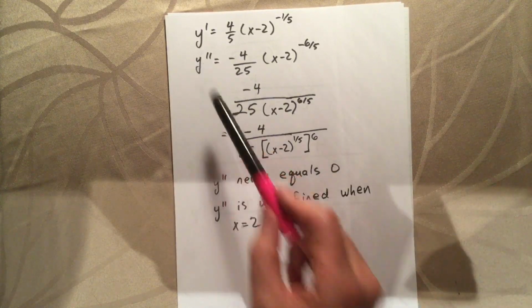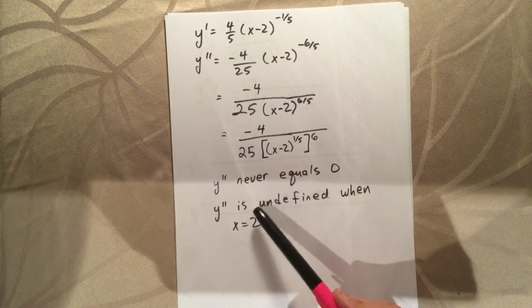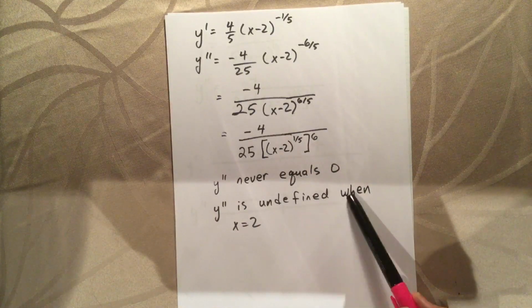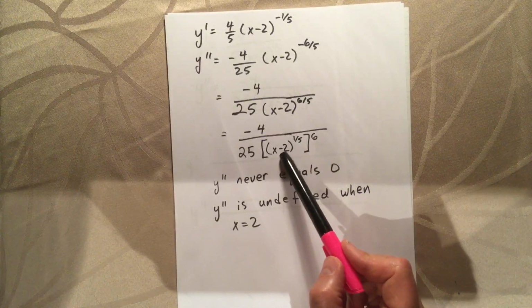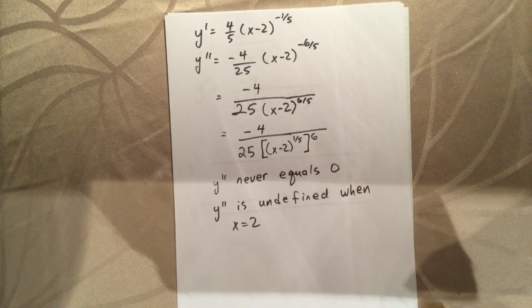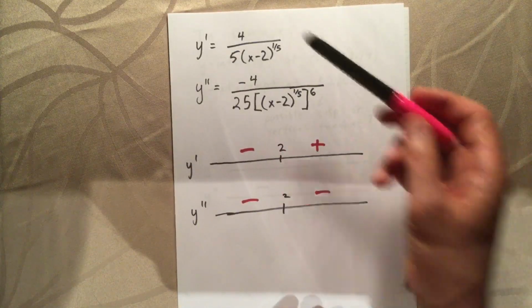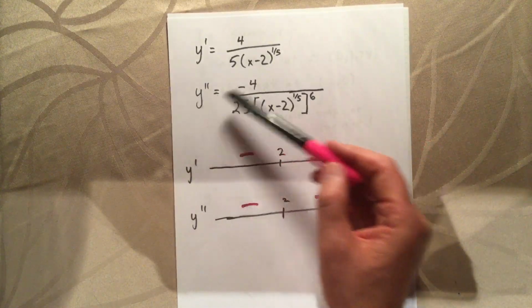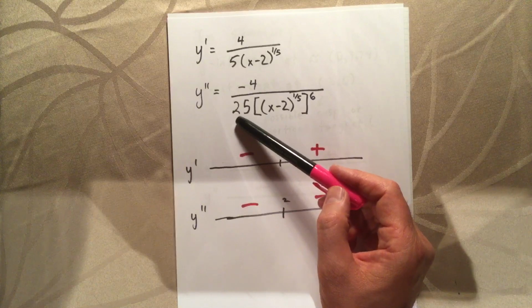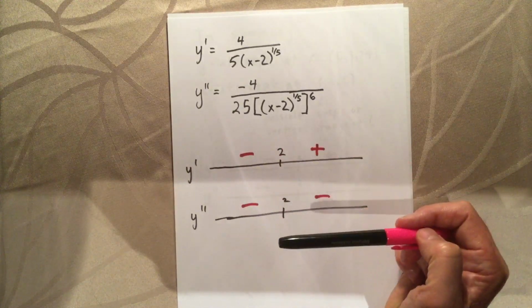Y double prime can never equal 0 because the numerator is −4, and it will be undefined when x equals 2, since the denominator will equal 0. So we have y prime equaling 4/5 over (x − 2) to the 1/5, and y double prime equaling −4/25 over ((x − 2) to the 1/5) raised to the exponent 6.